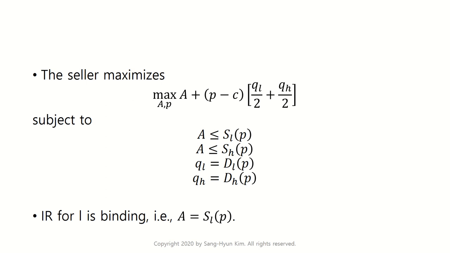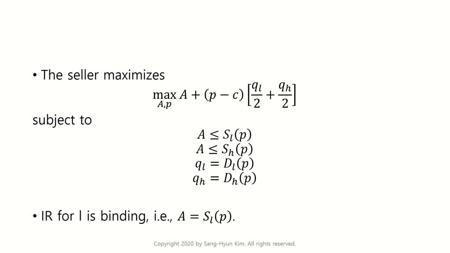Assuming that both consumers are making purchases, the seller maximizes this profit function. The profit function can be written like this. From both types of consumers, the seller gets the fixed fee A, which is the same for everybody. So the fixed fee A is taken from both types of consumers, and there is P minus C, the price-cost margin.